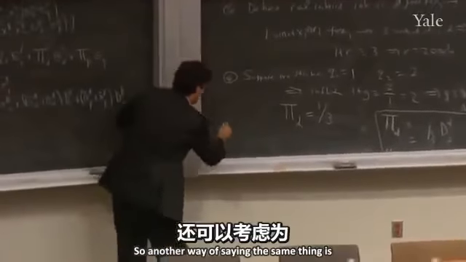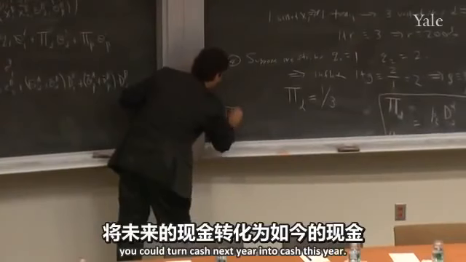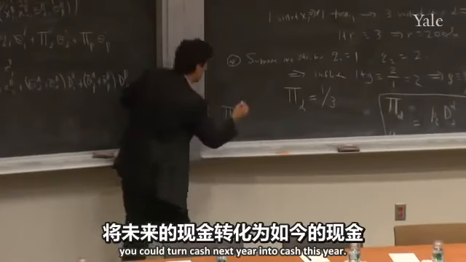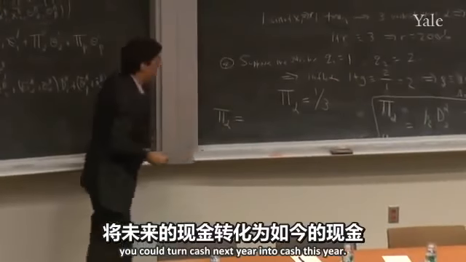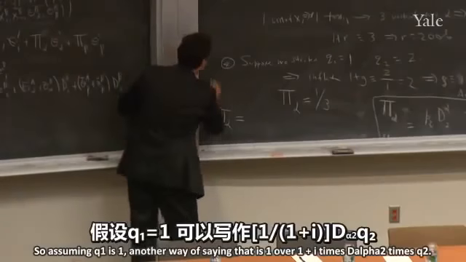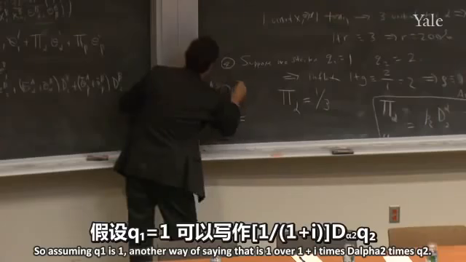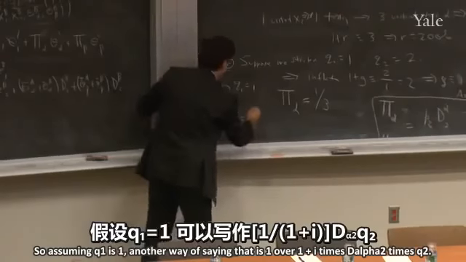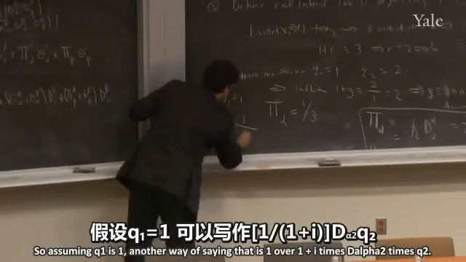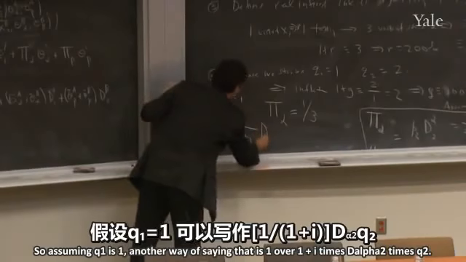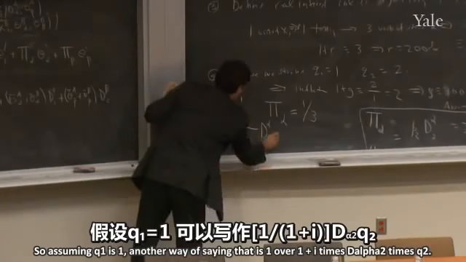So that's how you would get it. Another way of saying the same thing is you could turn cash next year into cash this year. So assuming Q1 is 1, another way of saying that is 1 over 1 plus I times d alpha 2 times Q2.